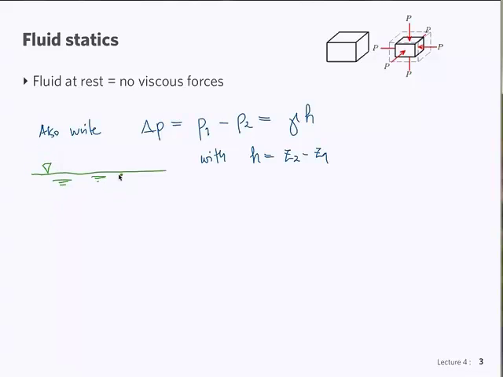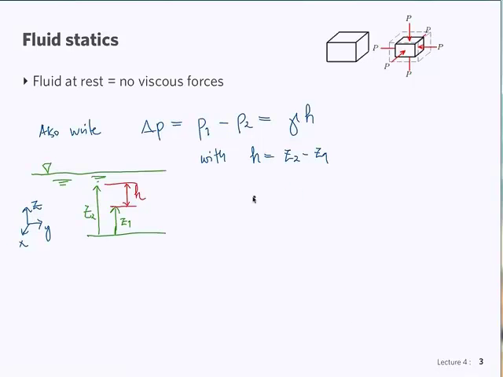In our coordinate system, Z is measured from the bottom up. So say this would be Z1, and this would be Z2, and the difference between the two is H. And this is for our coordinate system that we drew previously as well.